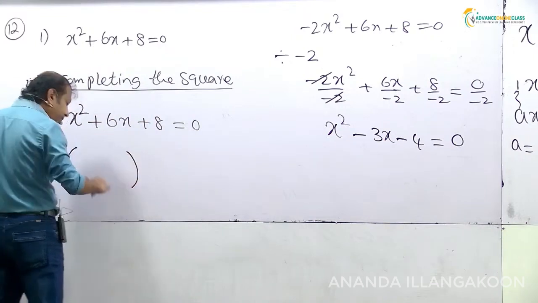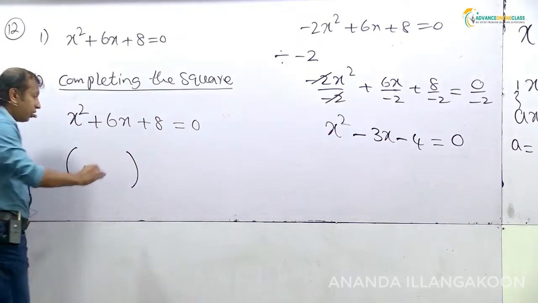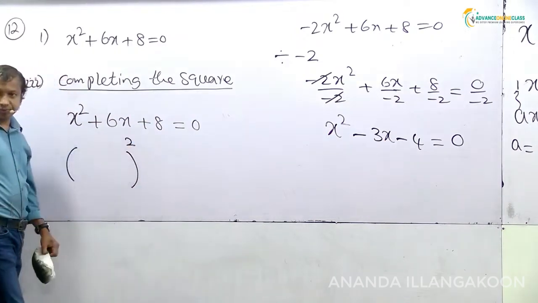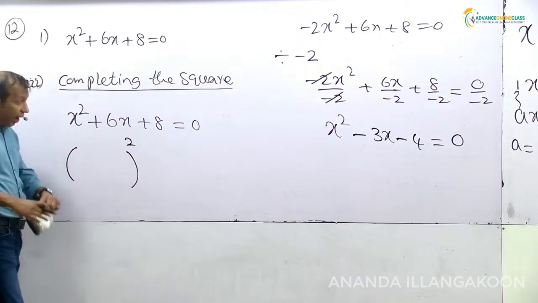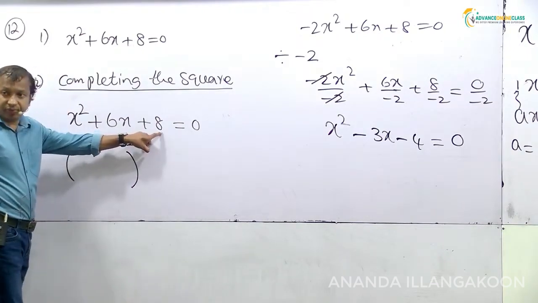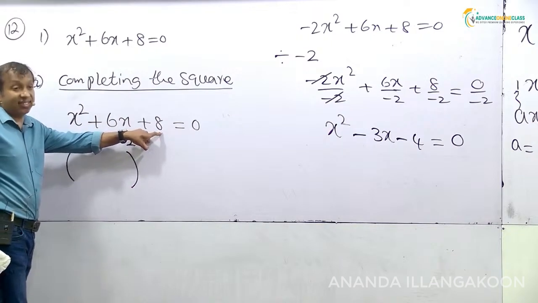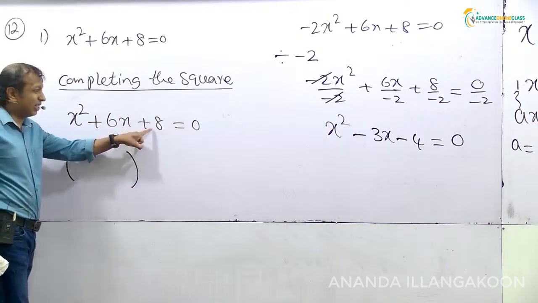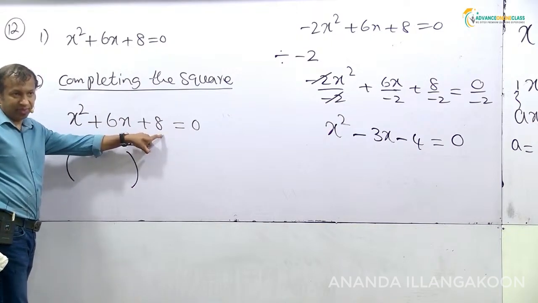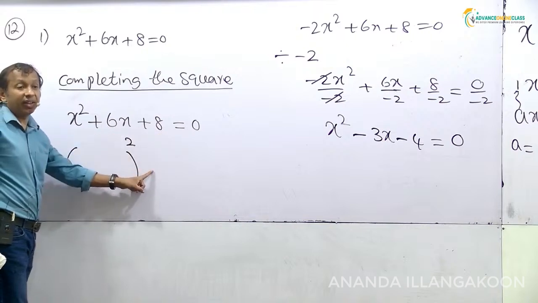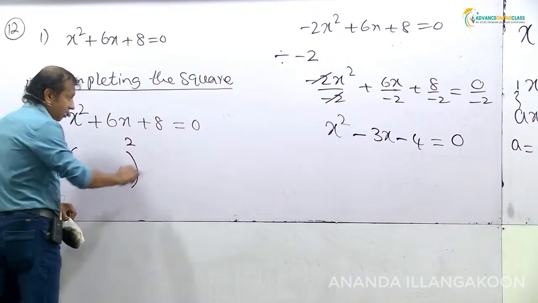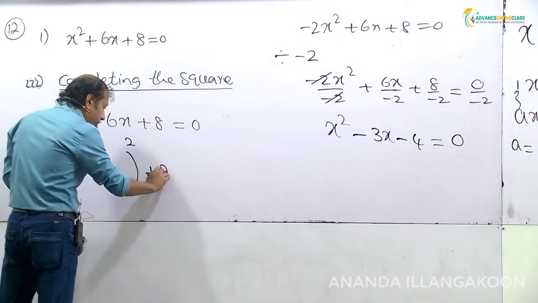Put squared. And the term in the given quadratic equation without x, that's the third term, we write soon after the bracket with its sign. Plus 8, no, we write like this.